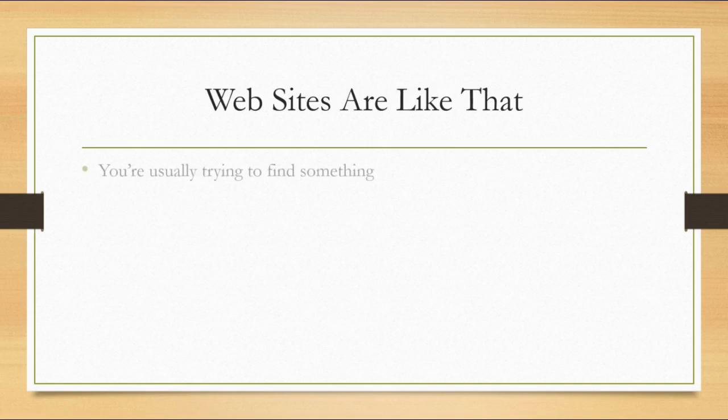Websites are like that. You usually go to a website because you want to find something. You tend to either search by asking first, or you browse around a little bit. Click here, click there.